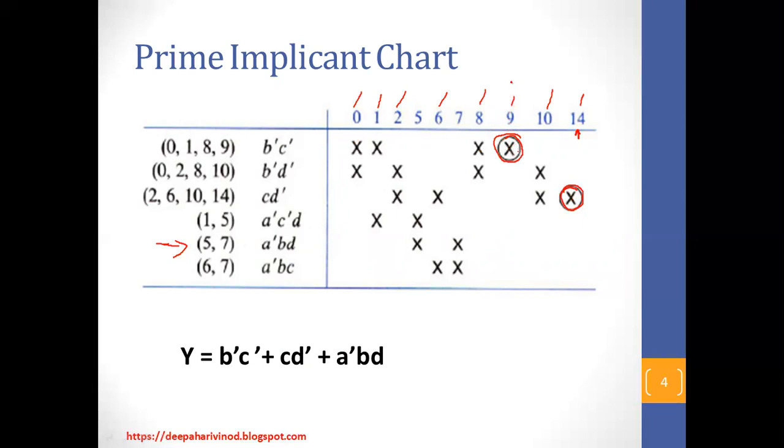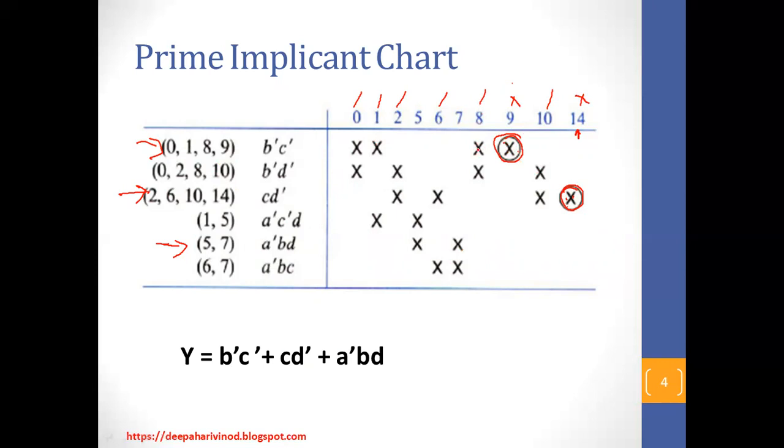So we can say that these two are very important. That is, they are essential prime implicants. What we have to do now: we have chosen these two as essential. So check which min terms are covered by these. Anyway, these two are covered.